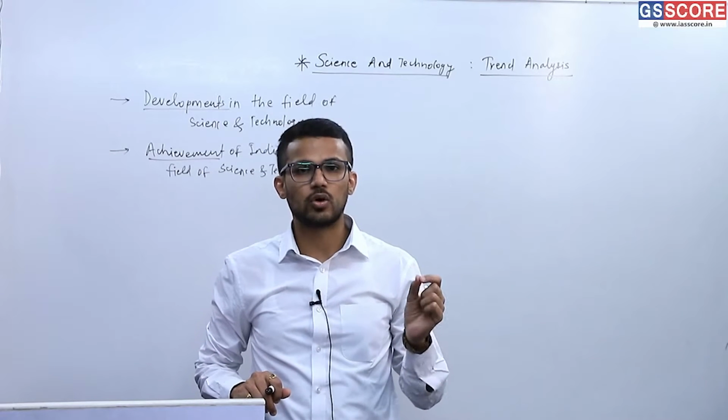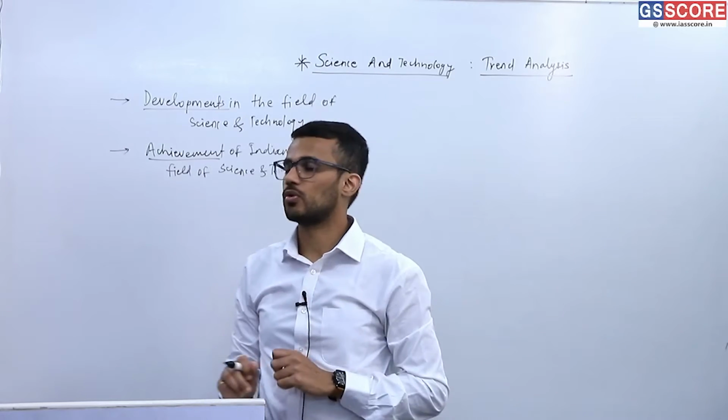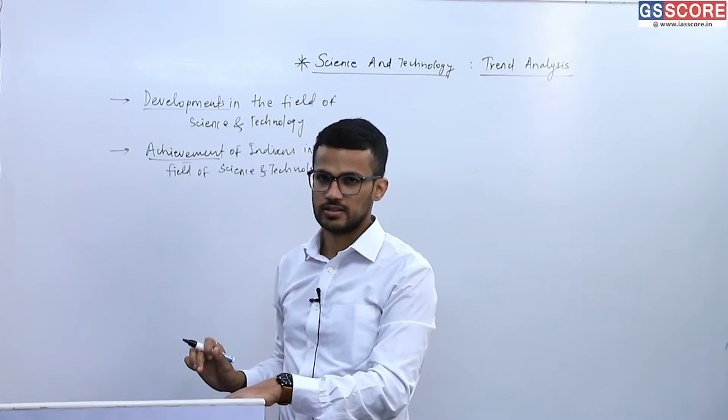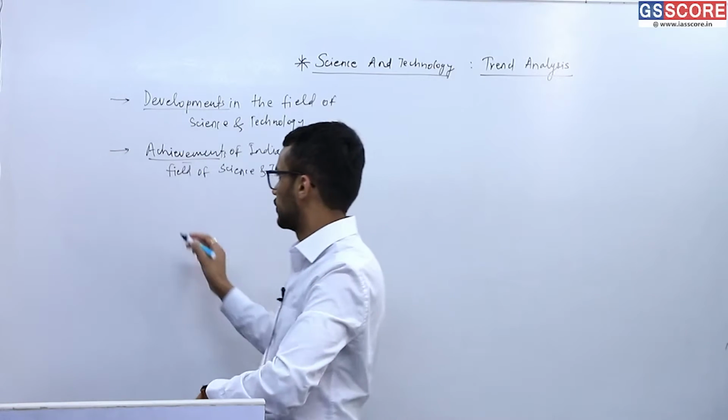All those important contributions made by these Indian scientists are important from the exam's perspective, and we are supposed to study them under this achievements of Indians in the field of science and technology.